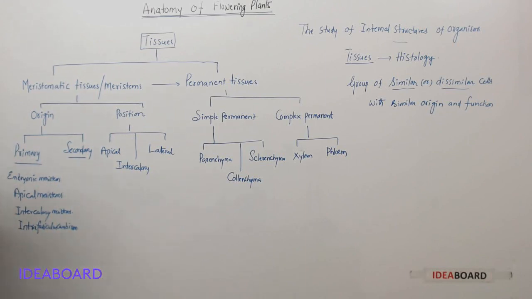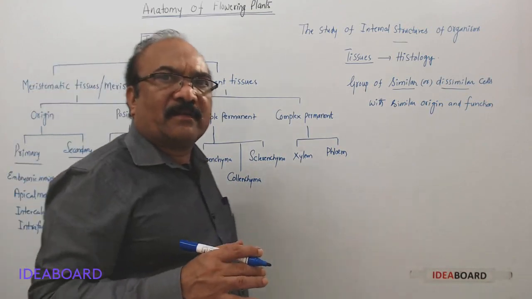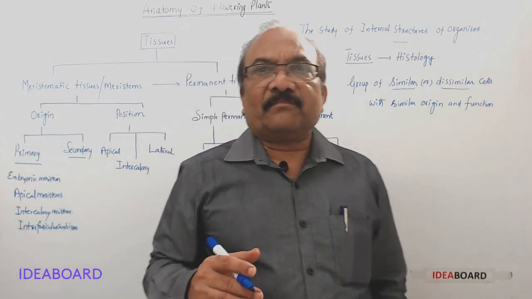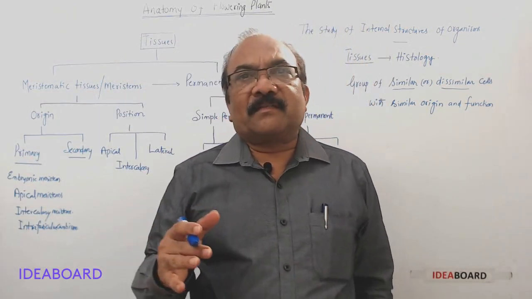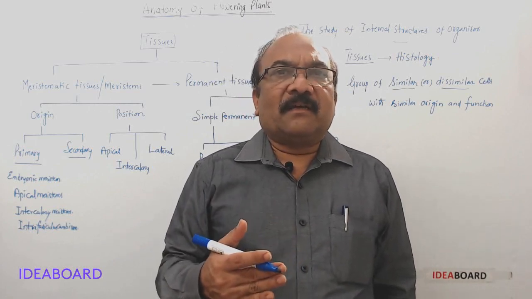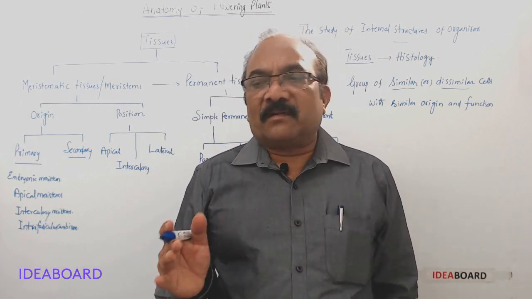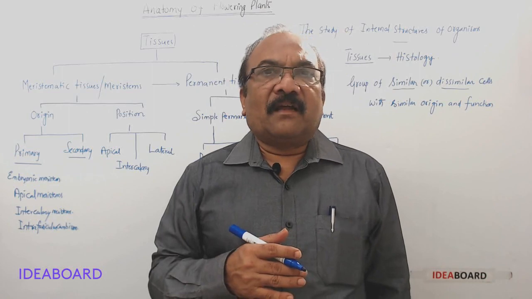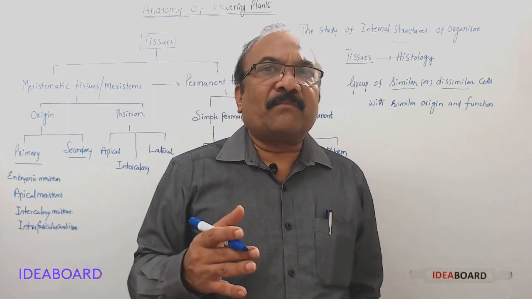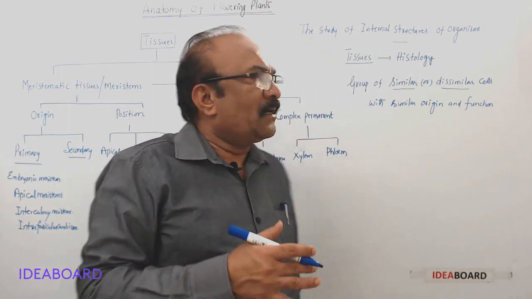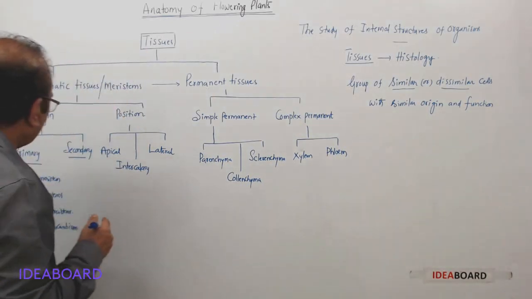And the secondary meristems are formed as a result of dedifferentiation. Meaning what? The permanent cells once again become meristematic. That is called dedifferentiation. And such meristems which are formed later in the life of the plant are called secondary meristems.